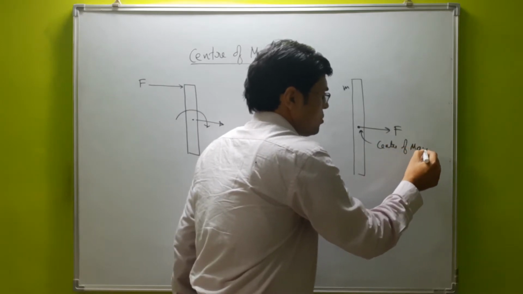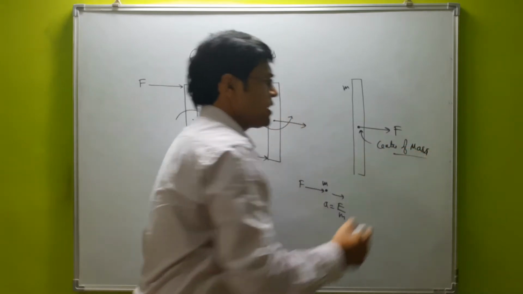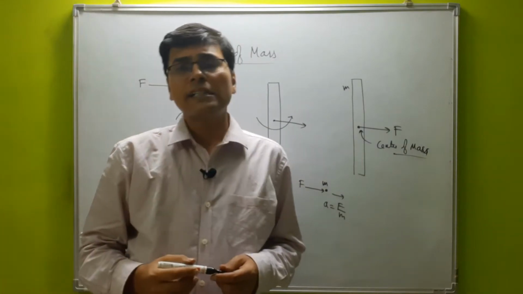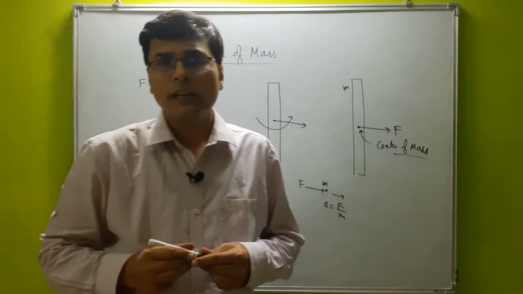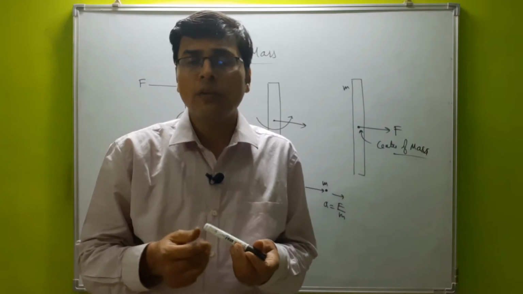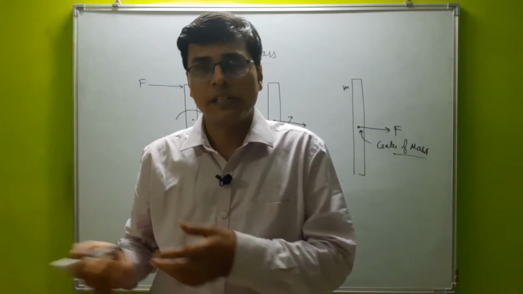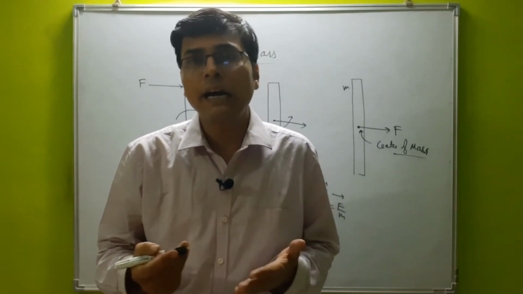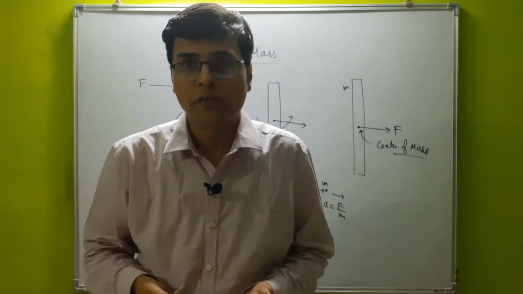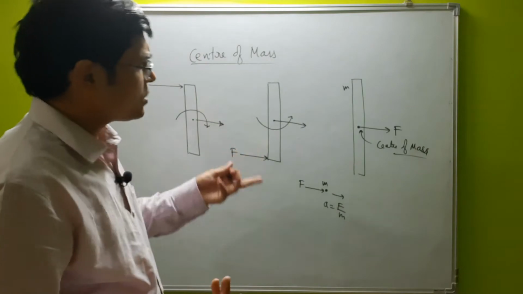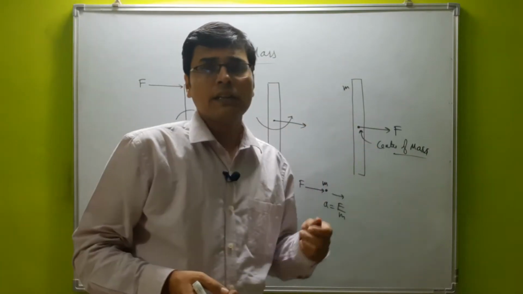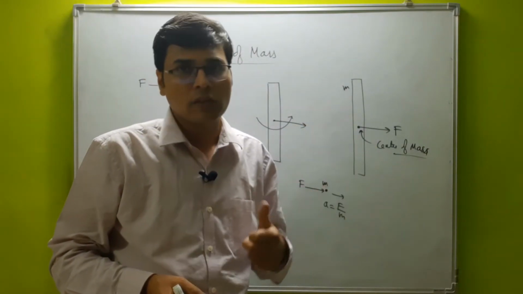So this is how we can treat center of mass. Center of mass can be explained as that point, inside the body as well as outside the body, where the entire mass of the body can be assumed to be concentrated. I will take examples later on. Of course, this center of mass can be inside of the body as well as outside of the body.